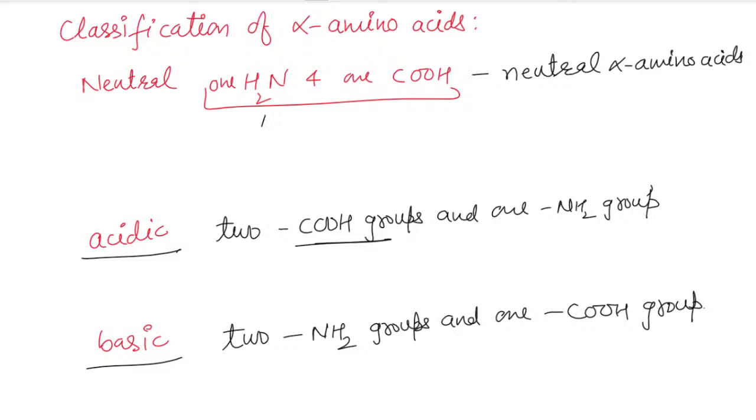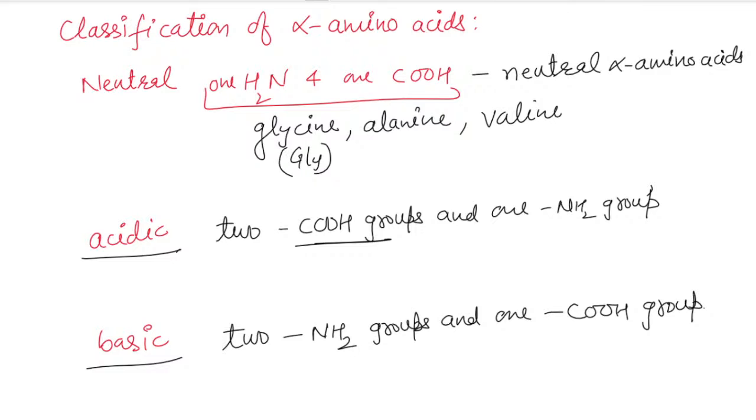example, neutral, like glycine or एलानिन, ये तो अभी किया ना हमने, ग्लाइसिन एलानिन, in which there is one NH2 and one COH. Even next one is valine. So valine में क्या होता है, देखो valine को कैसे रिप्रेजेंट करेंगे, देखो GLY, ALA and VAL.